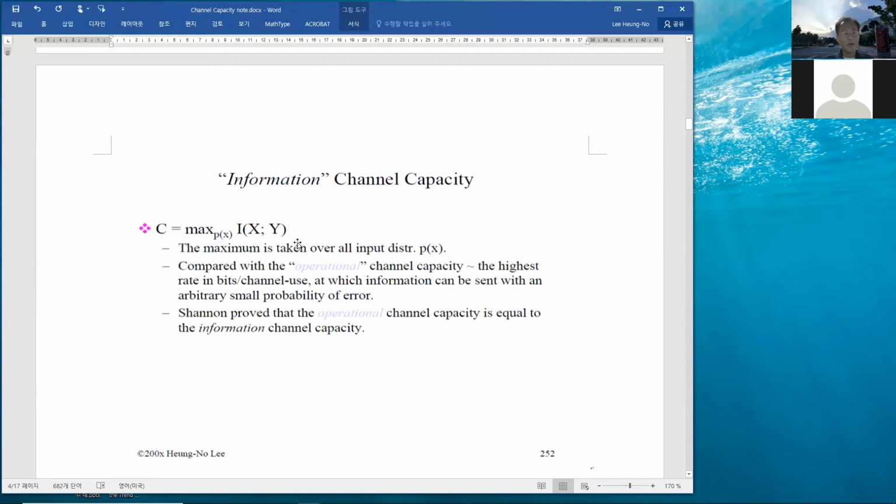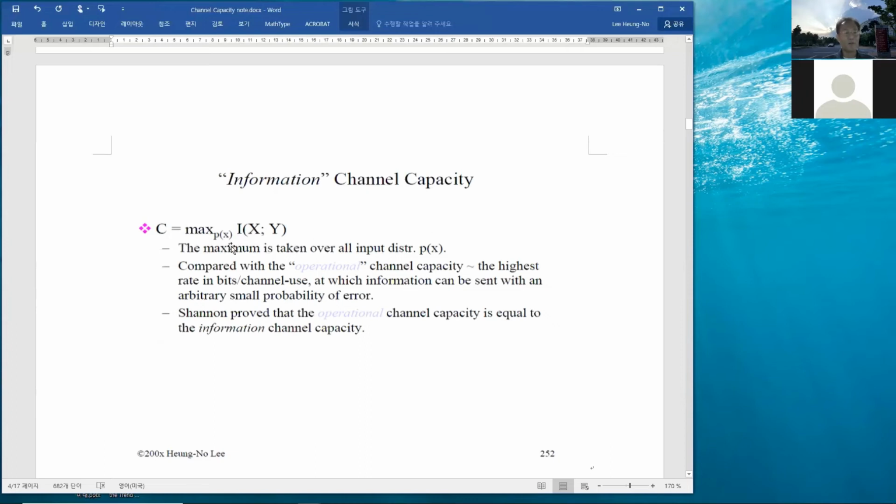And as you have recalled from your midterm exam or my previous lectures before the midterm, mutual information, given a channel where P(y|x) is fixed, is a concave function of P(x).